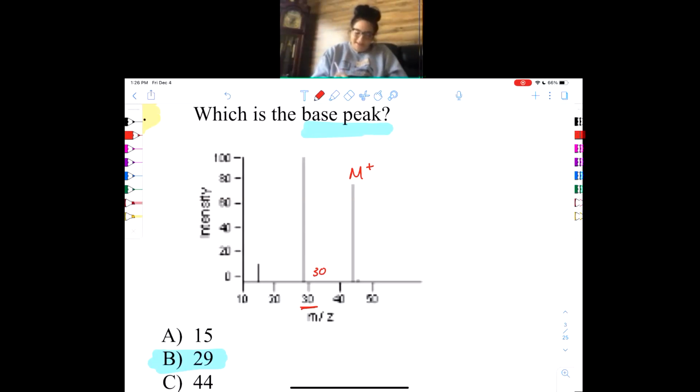The M+1, exactly. Do we have an M+2 peak? No. Cool. So what atoms do we absolutely not have in this molecule? Exactly. No bromine, chlorine, oxygen, or sulfur. Perfect.